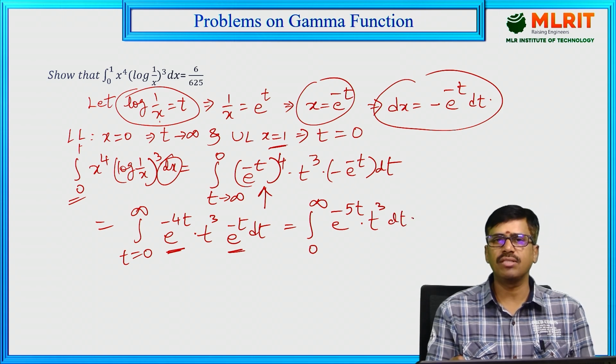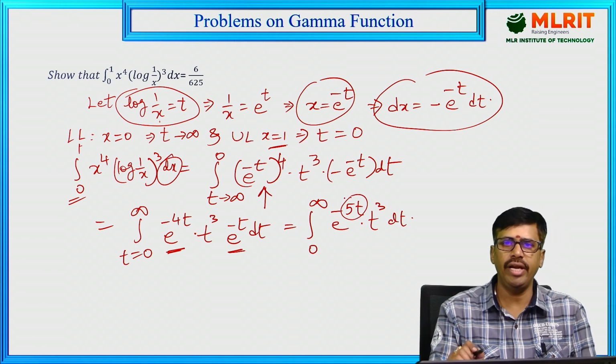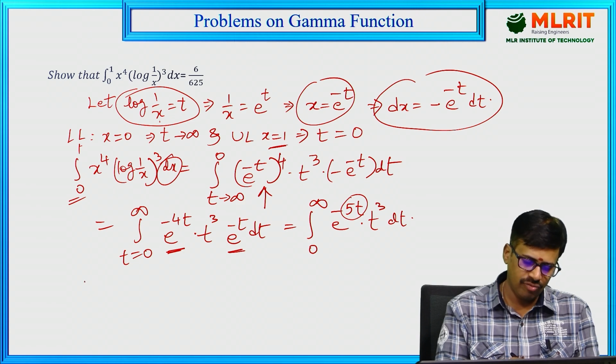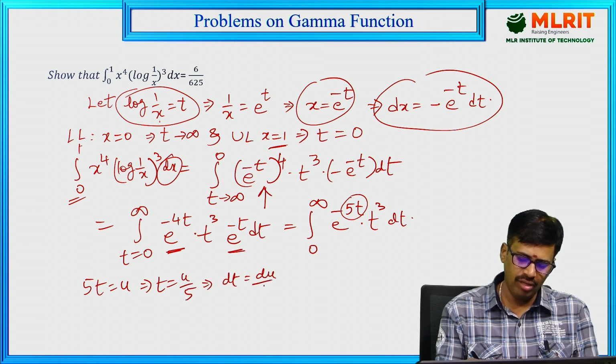To express this result in the gamma function, it should be only minus t, but we have 5t. So let us take 5t equal to u, or t equal to u by 5. So dt is equal to du by 5.